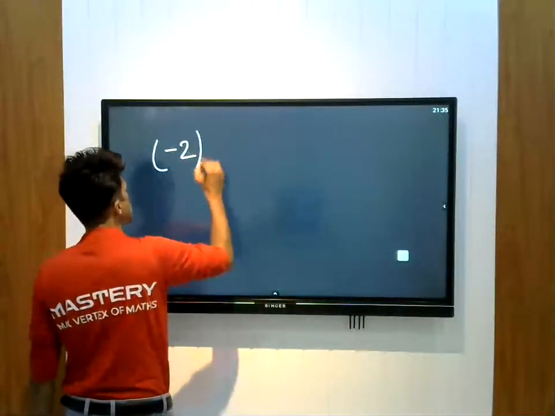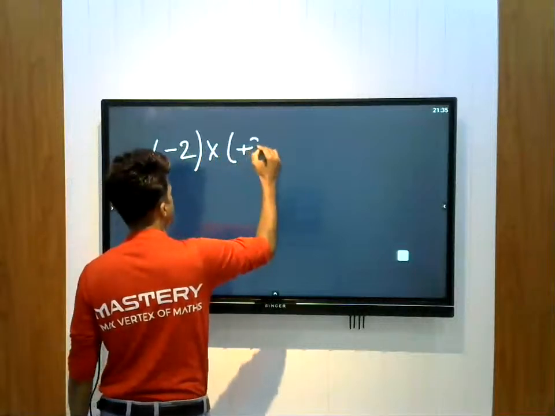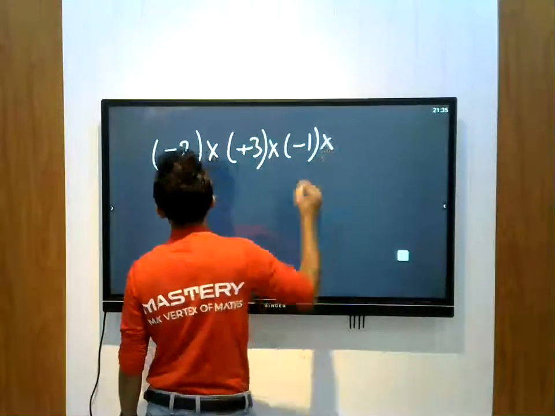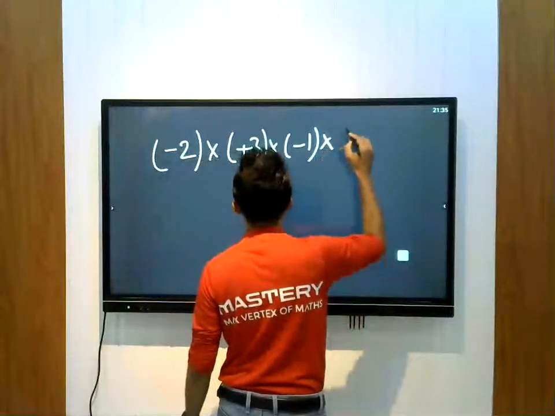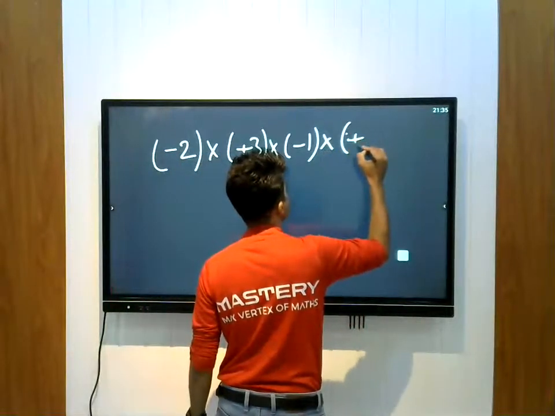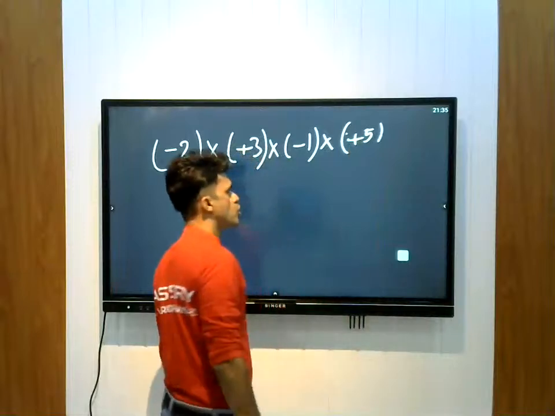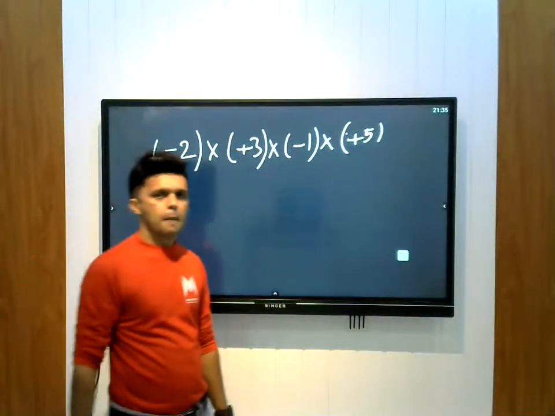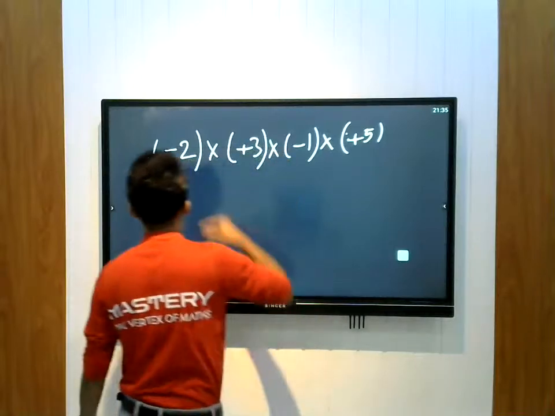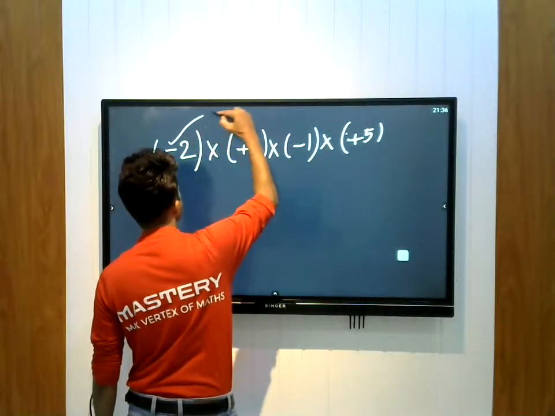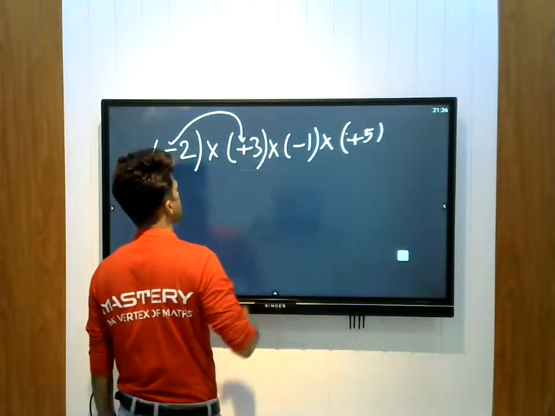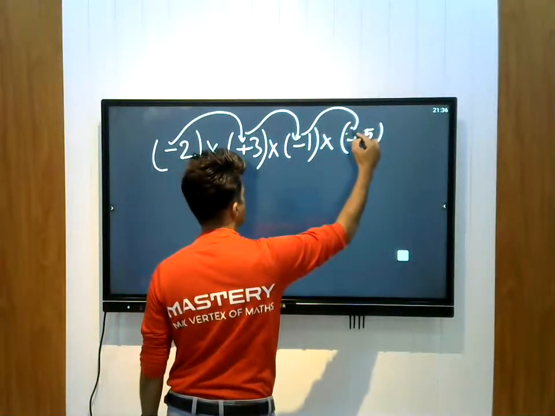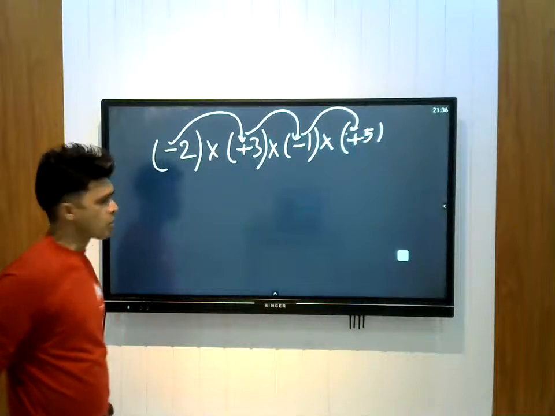Minus 2 into plus 3 into minus 1 into plus 5. Yes. How to do this type of one? How can I do this type of one? Here minus into plus, this one and this one, this one and this one. No need of writing these arrows and so on.